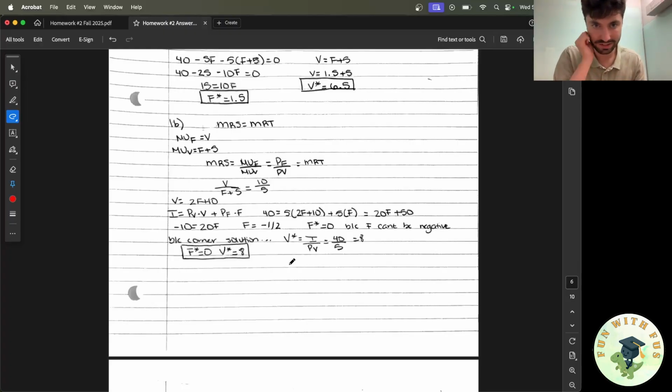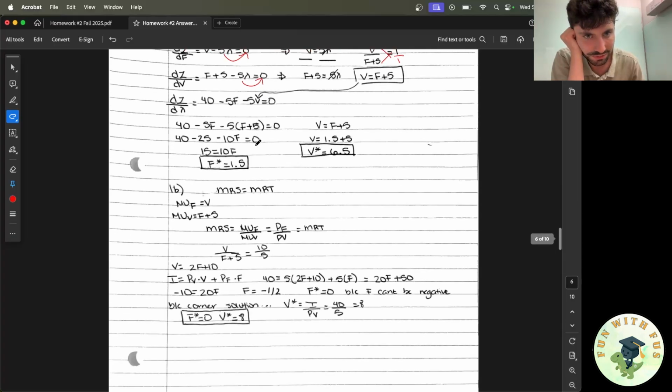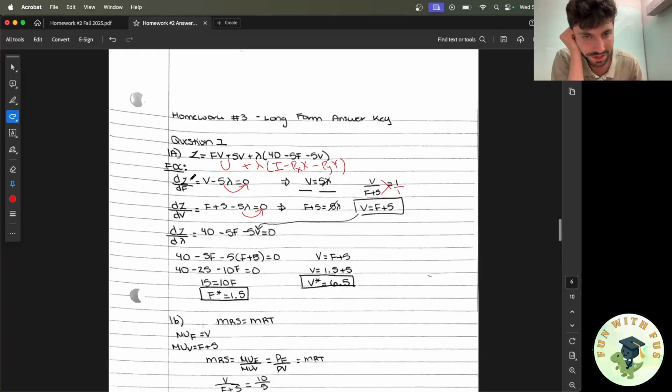So in this case, just set MRS equal to MRT. Our MRS is actually, we found it from earlier. When you take the partial derivatives of your Lagrangian, this also finds your marginal utility. So this was the marginal utility of f, was v.